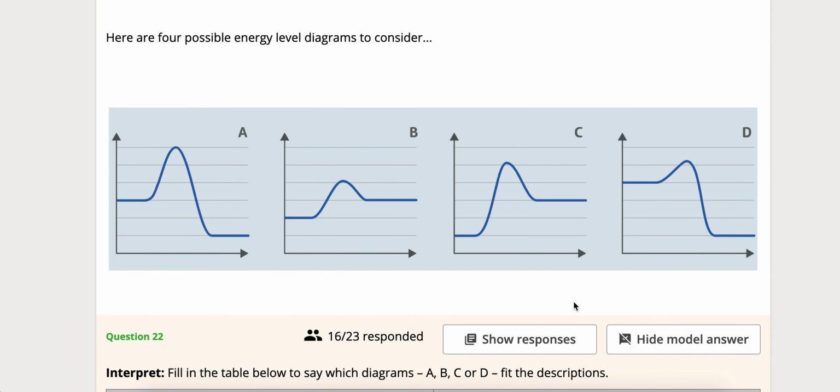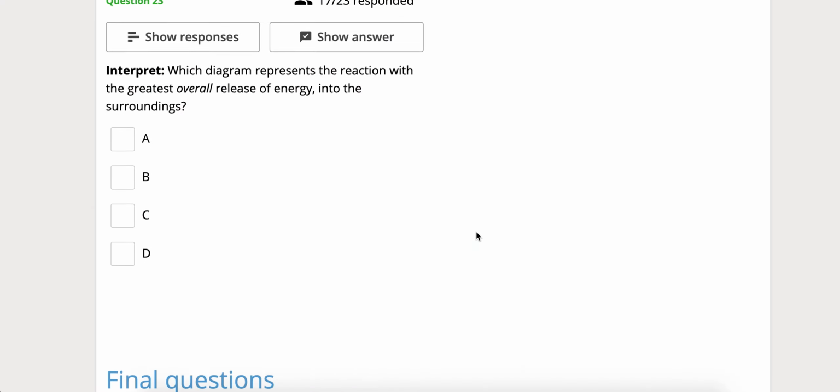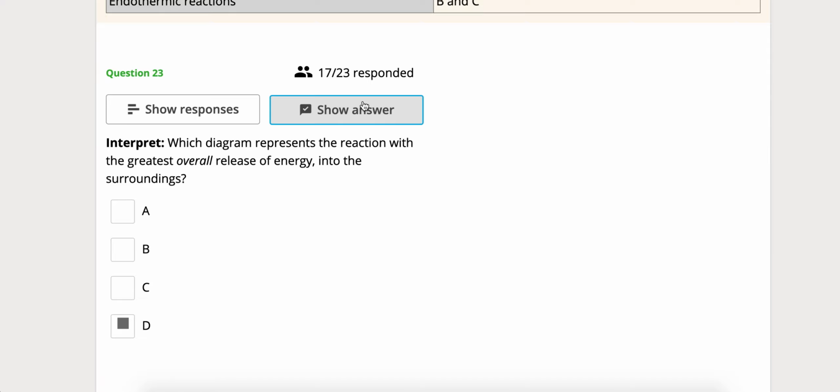So the overall greatest energy released is seen by D. So the difference between the starting point and the ending point, the amount of energy starting, the amount of energy ending, there is four levels of energy difference, whereas this one has 2, this one's got 1, and this one also has 2. So we're going to go ahead and select D.